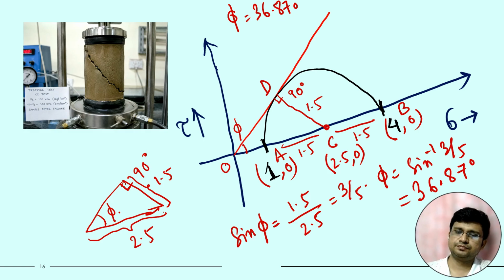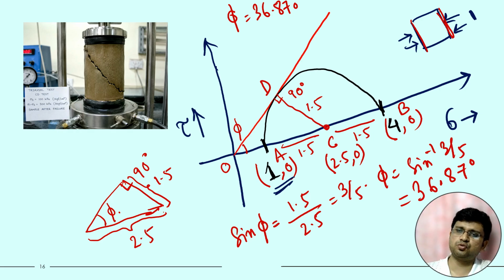Now we also have to measure the plane for major and minor principal stress. In this particular case, this is 1, the horizontal stress, which corresponds to the vertical plane.